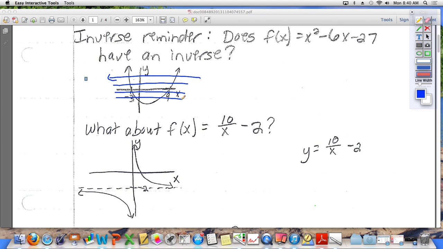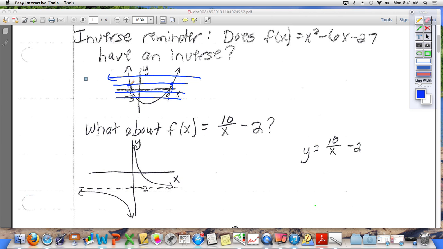The reason is that there are multiple x values that are going to get you the same y value. So for example, right here and right here, we have two x values that get you exactly the same y value. If you were to undo this equation and solve for x, you would usually get two answers, and that means you don't have an inverse.